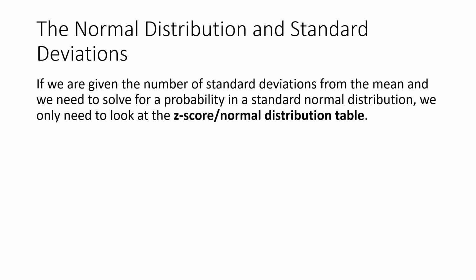Okay, so if we were given the number of standard deviations from the mean, and we need to solve for a probability for the normal distribution, we only need to look at the z-score table, or what's sometimes called the normal distribution table. This is a table that gives you the probabilities that you will get a particular z-score or less.